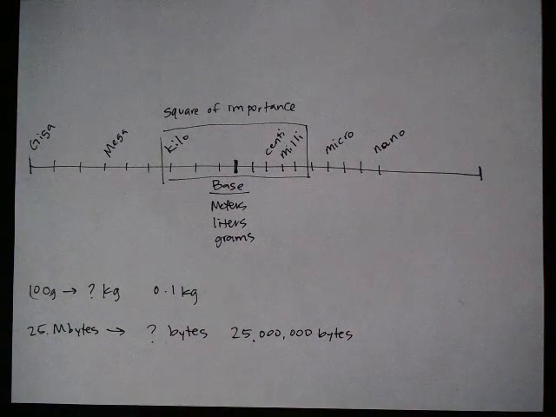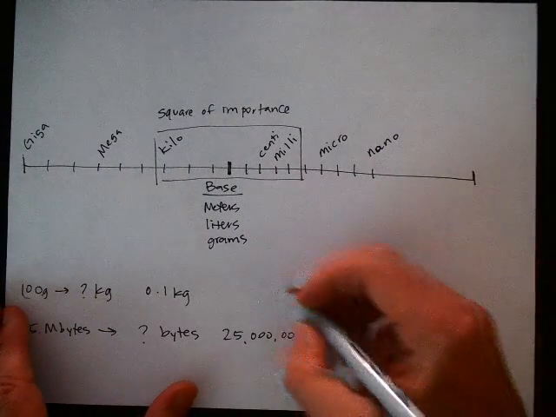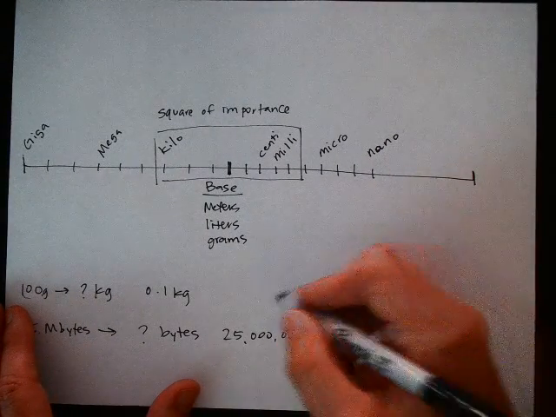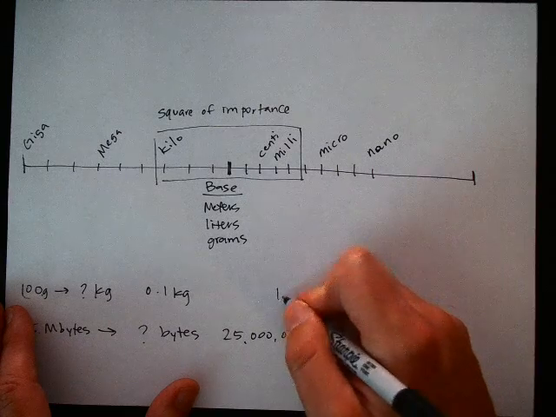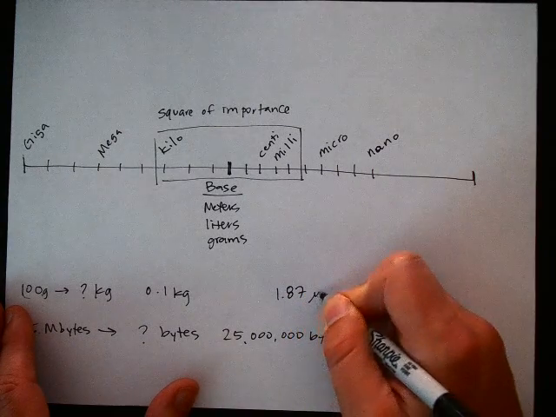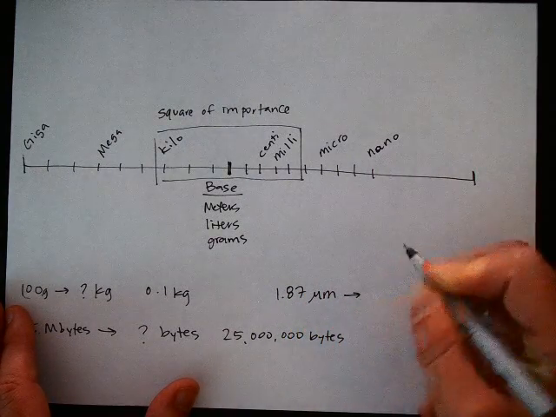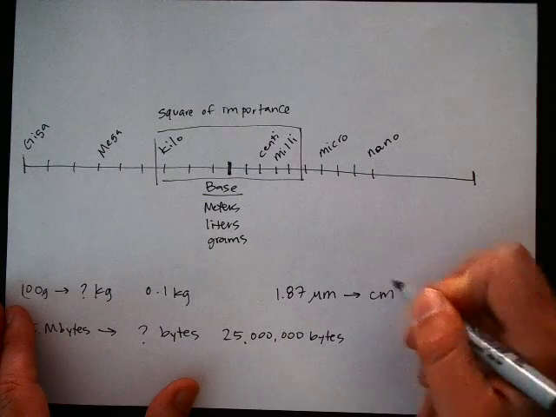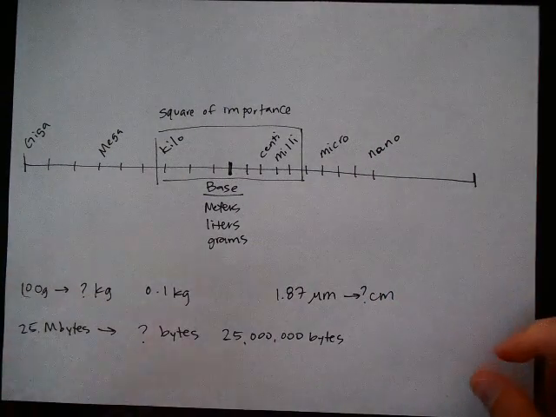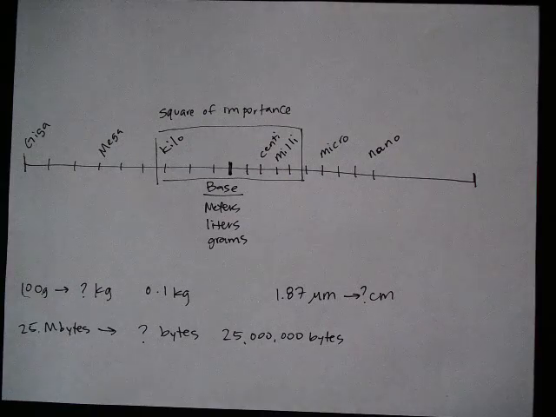Pretty good, right? You want to try one? You're going to. How about 1.87 micrometers? And I want to know how many centimeters that is. So see if you can right now figure out 1.87 micrometers and how many centimeters that would be.